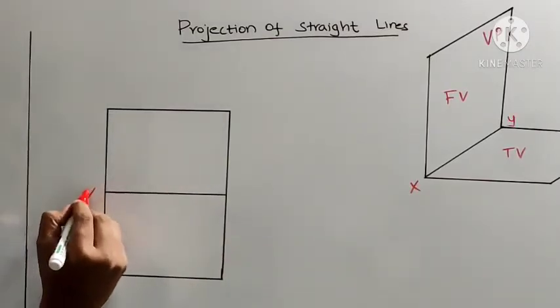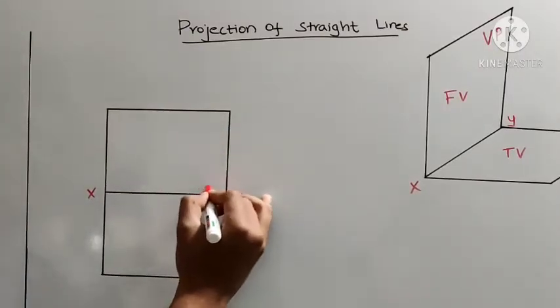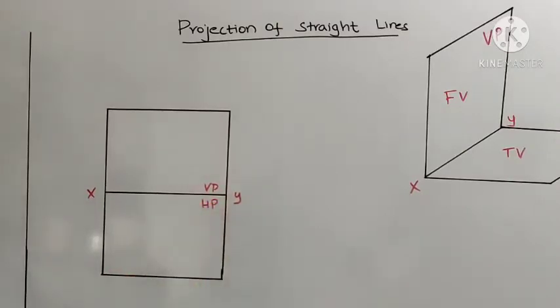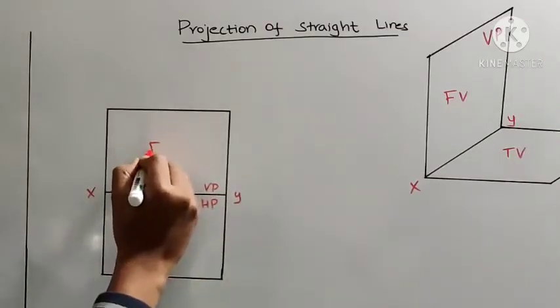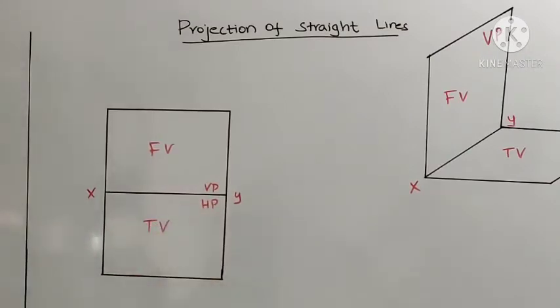Your reference line will be here, this will be your vertical plane, and this will be your horizontal plane, and your front view you will get here, the top view you will get here. Okay. So this is nothing but the pattern of the planes in the first quadrant and the position of the views.